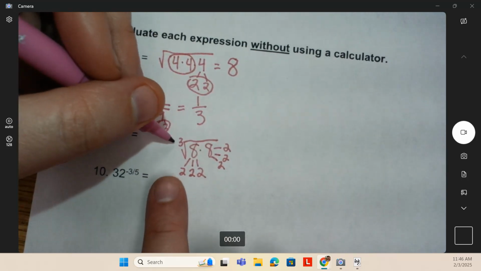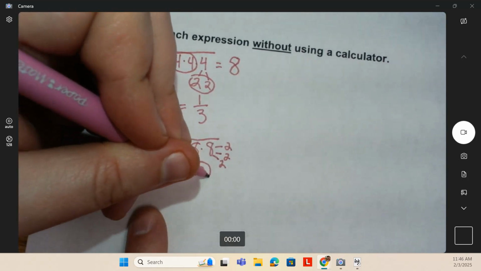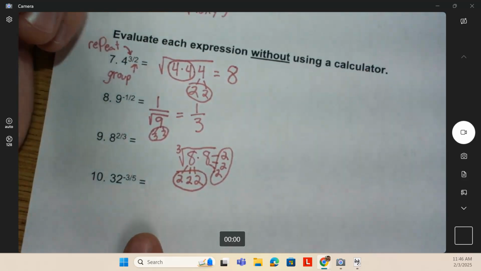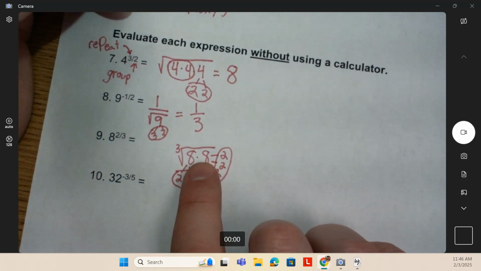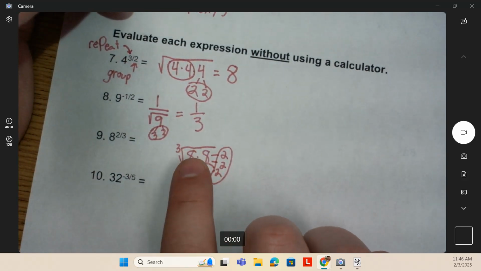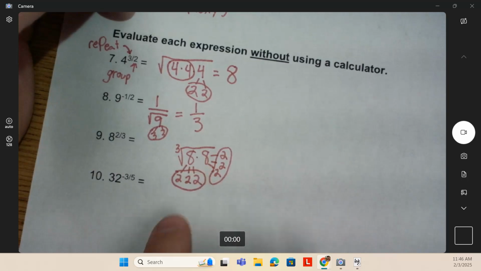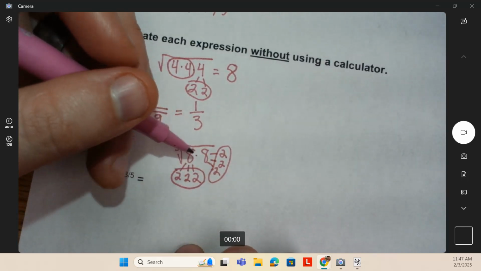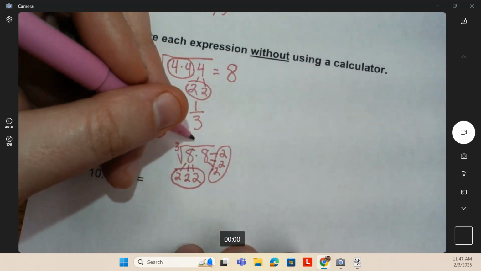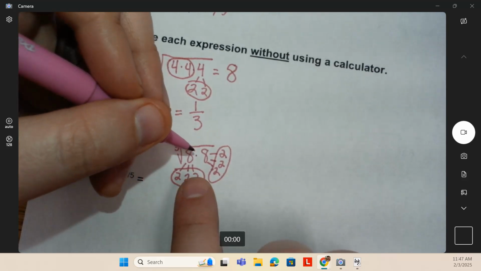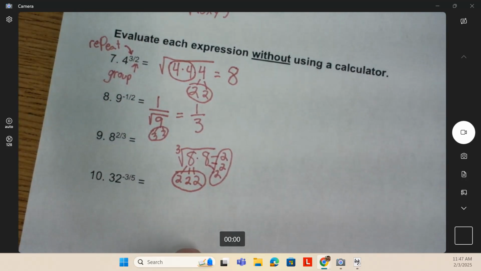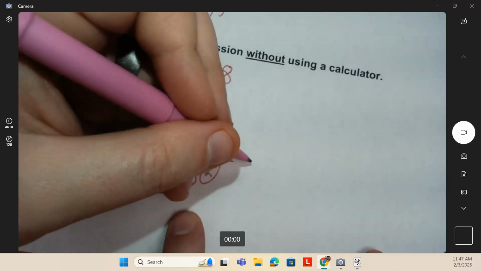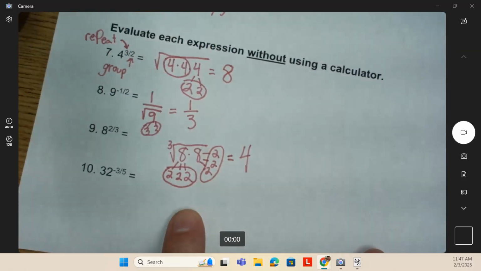And since that's the cubed root, that helps us out quite a bit because I've got a group there and a group there. Again, you could do 8 squared, so 8 times 8, and put a 64 in there. You'll just end up with the same result because you'd then split that 64 up into 8 times 8. Since I've got 2 groups of 2s, I'll do 2 times 2, which is 4.